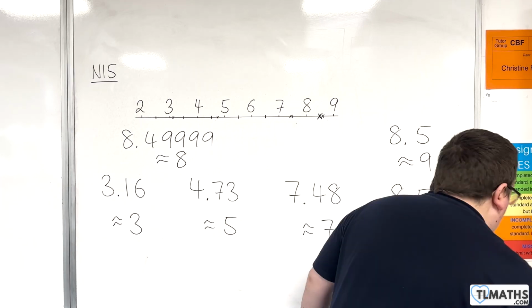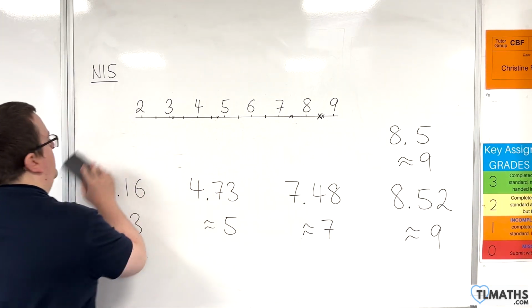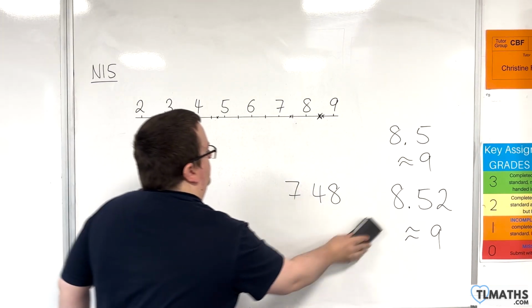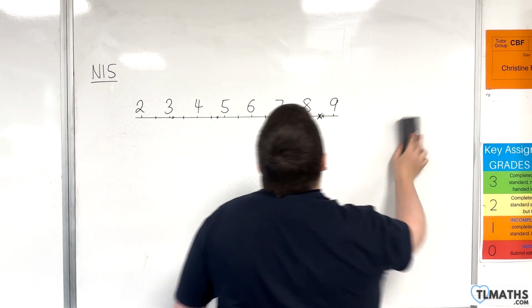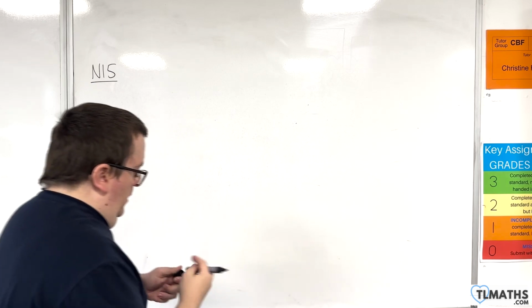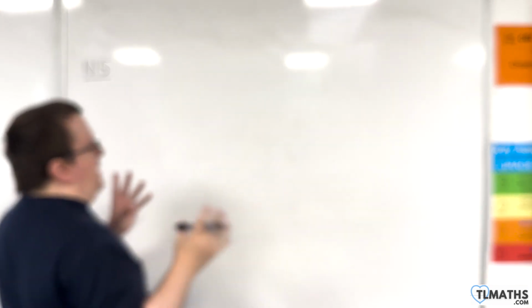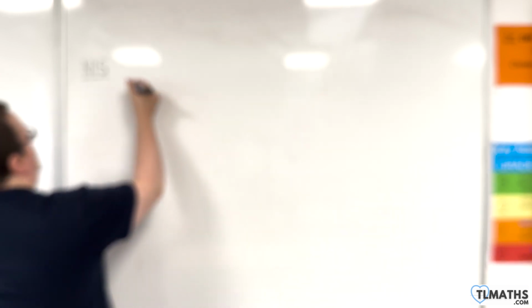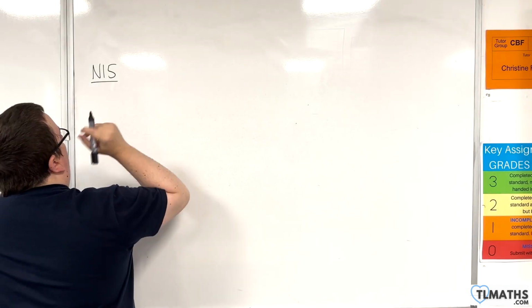So, let's summarise. If we're rounding to the nearest whole number, let's write up some examples.